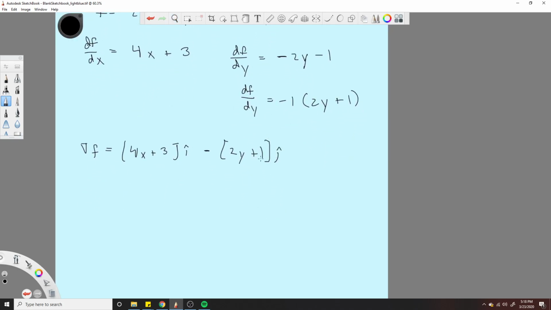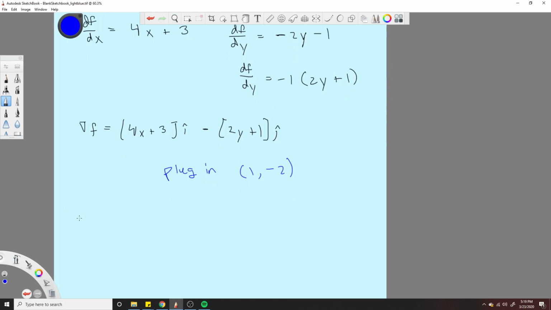Now, like I said, we can plug values into this gradient function and it will give us the direction of the max slope. So all we need to do is plug in 1, negative 2. So the gradient at (1, -2) is equal to 4 times 1 plus 3 i hat, minus 2 times negative 2 plus 1 j hat.